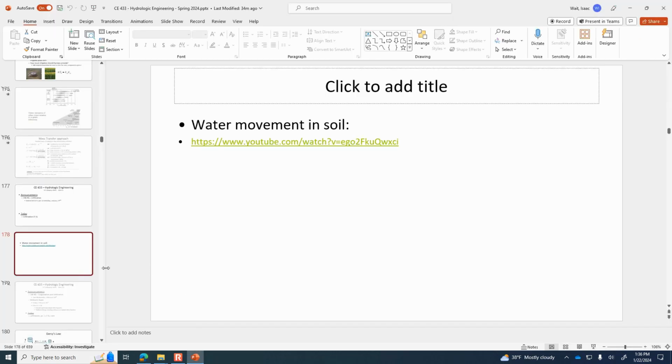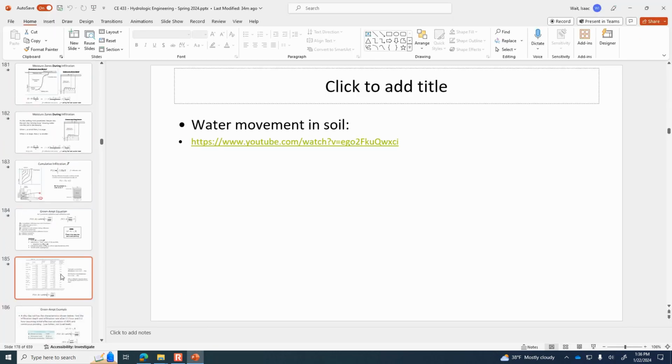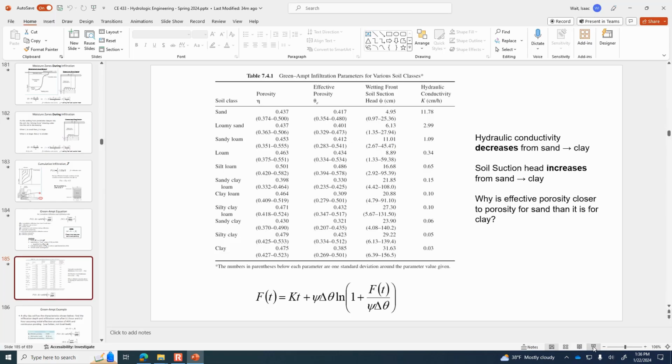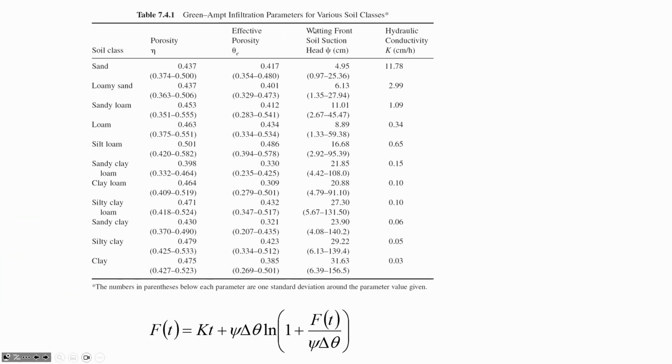And just to jump ahead through the slides a little bit, we have a table that tells us the wetting front soil suction head of different soils. Sand, you can see, has 4.95 centimeters of wetting front soil suction head.